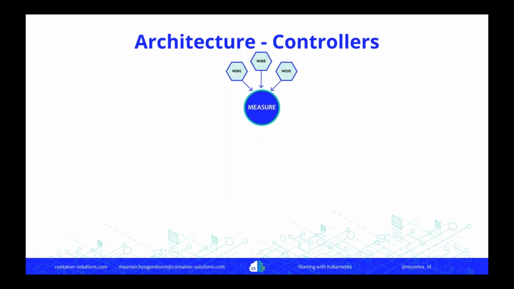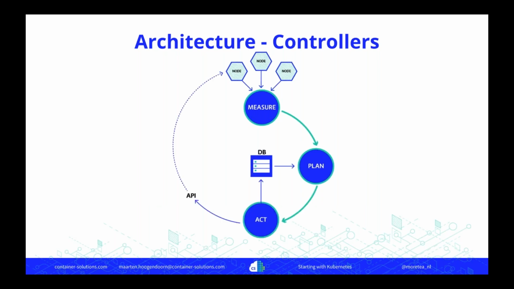Kubernetes measures its surroundings, its current state, based on your desired state that we have stored in the database by means of adding manifests to Kubernetes. It creates a plan of what to do, then acts on this plan, which can either be to modify the database so that some other controller can take action on it, or invoke an API call to, let's say, create a cloud load balancer in a cloud, so that stuff actually happens.